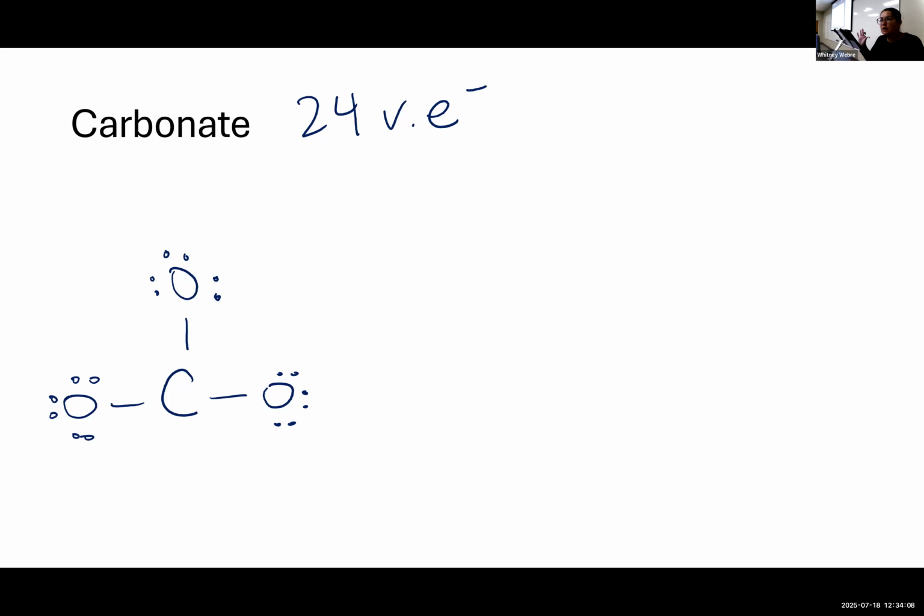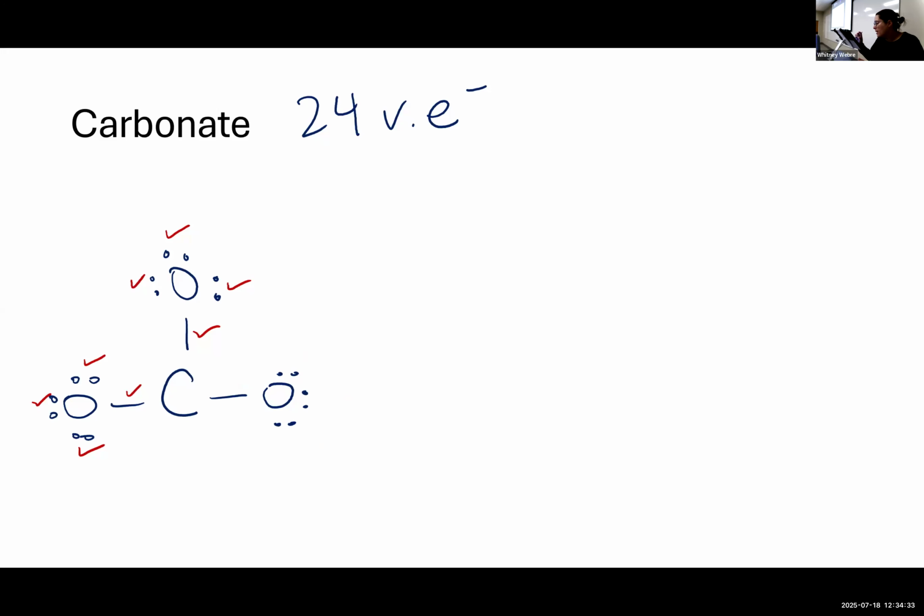So around the carbon, there are, sorry, 3 bonds. So 6 electrons total. So 2, 4, 6, 8, 10, 12, 14, 16, 18, 20, 22, 24. So I can still count and say I have 24 valence electrons.